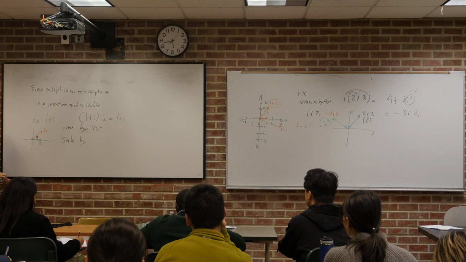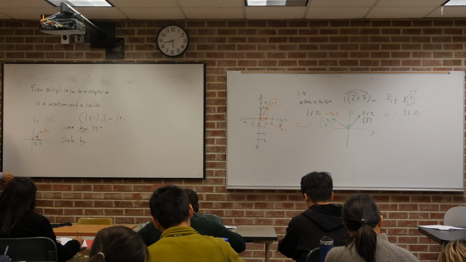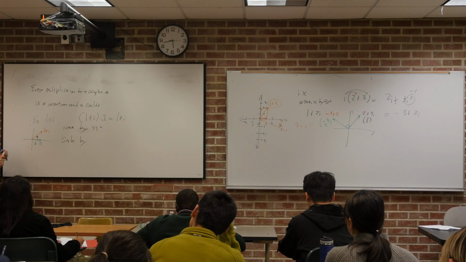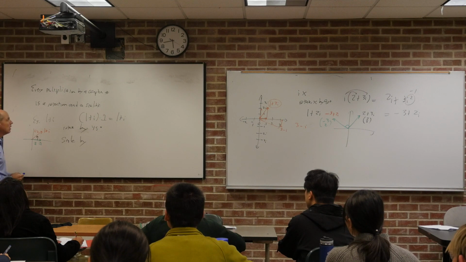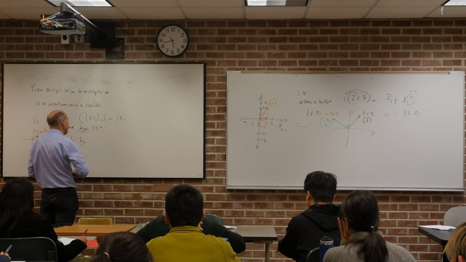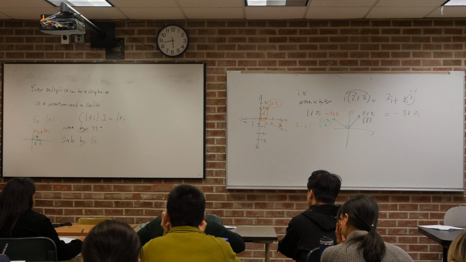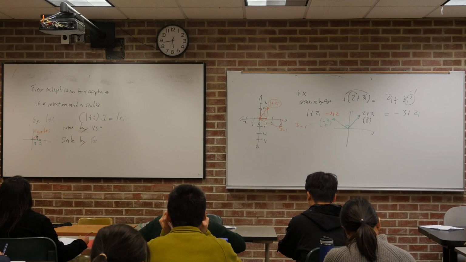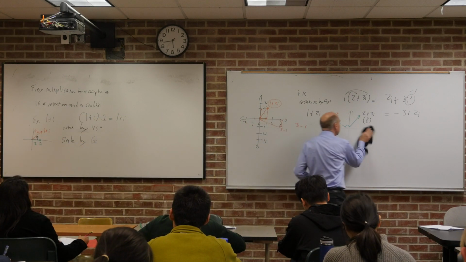Okay, and as this one starts out with a length of 1, how long is 1 plus i? If I go over 1 and up 1, square root of 2. So I can think about multiplying by 1 plus i as rotating by 45 degrees and stretching by a factor of square root of 2. I'm going to clean up over here and break that down.